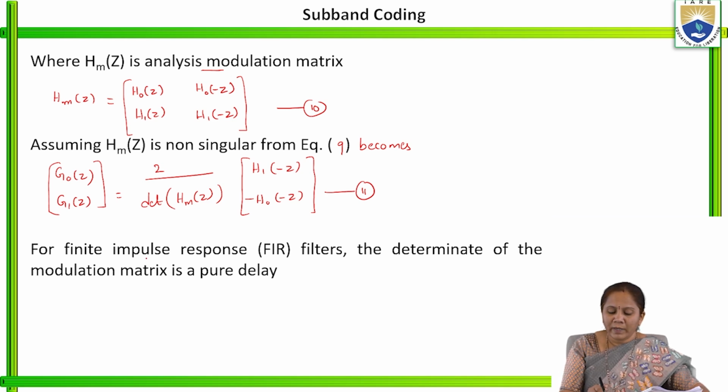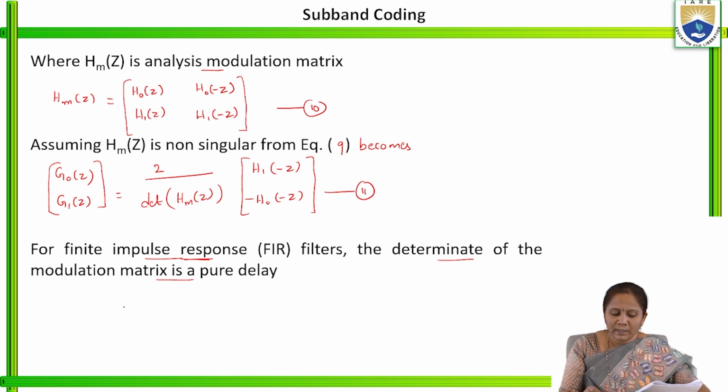Now, for finite impulse response, that is for FIR filters, the determinant of the modulation matrix is a pure delay. So the determinant is having a pure delay.